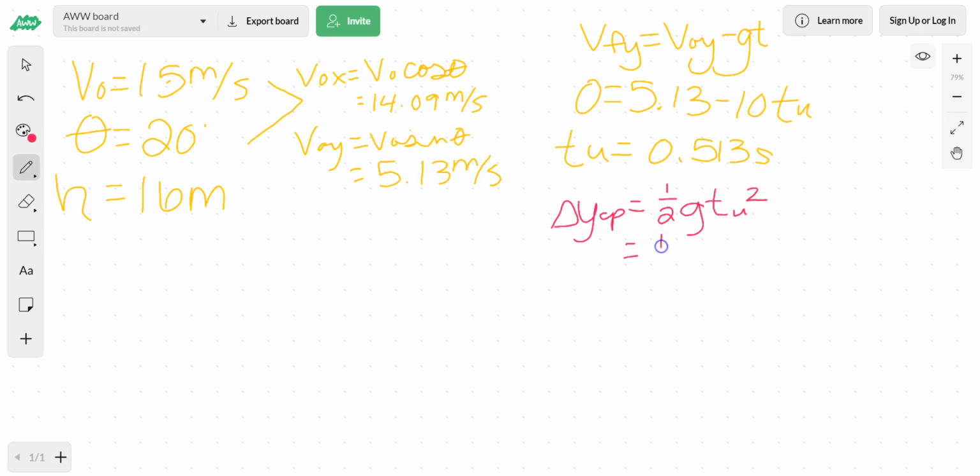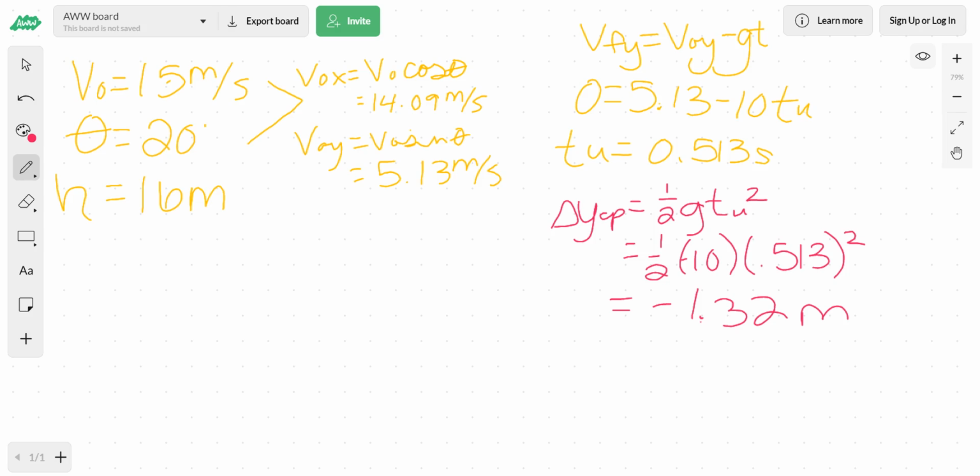So that is going to be 1/2 times 10 times time up squared, which is 0.513 squared. So you get a value of negative 1.32 meters, and that is the change in position. So it's going to go up 1.32 meters.